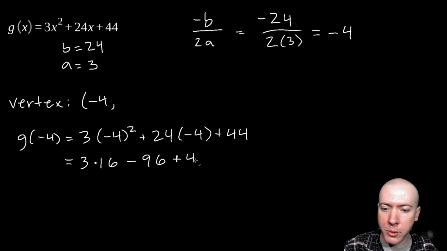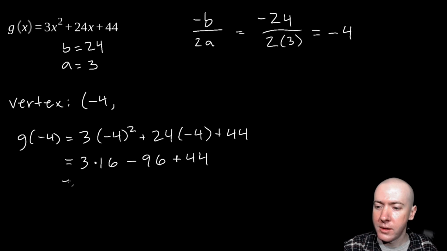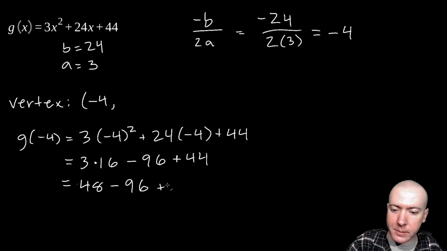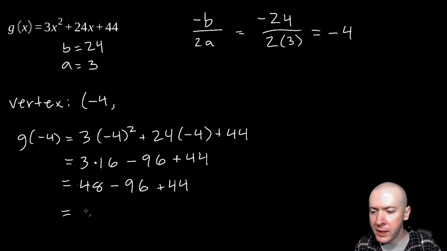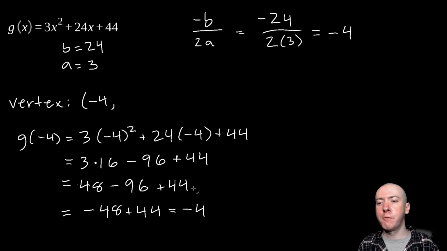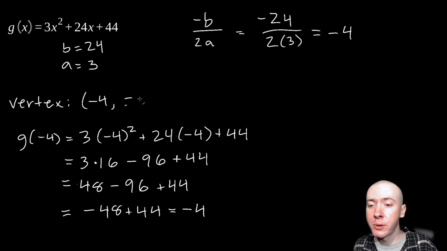And plus 44 on the end. Now 3 times 16, what is that? 48, right? And we know that 48 is half of 96, so 48 minus 96 is minus 48. Minus 48 plus 44 is negative 4. So the vertex is at negative 4, negative 4.